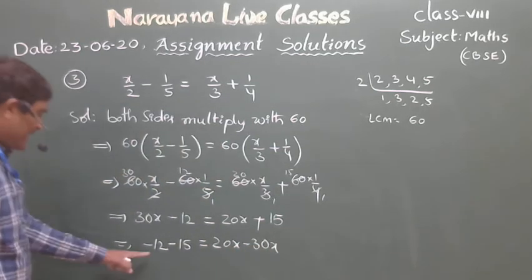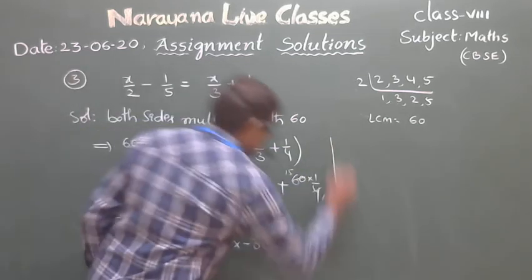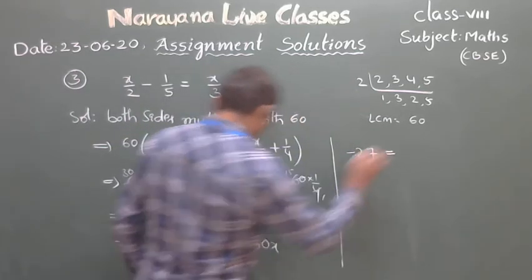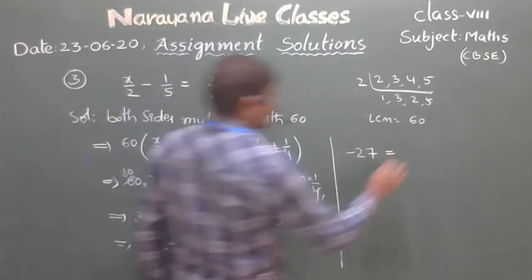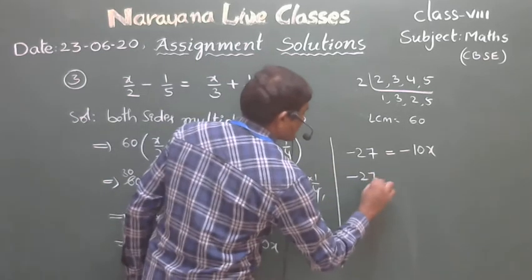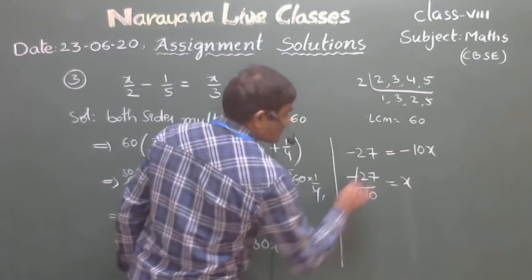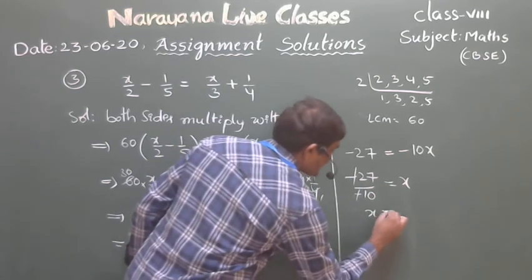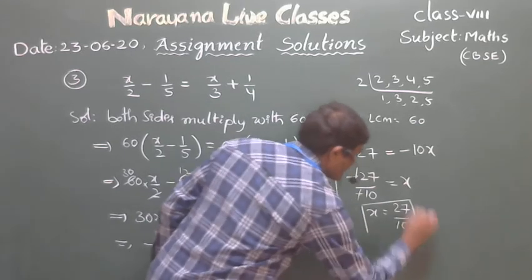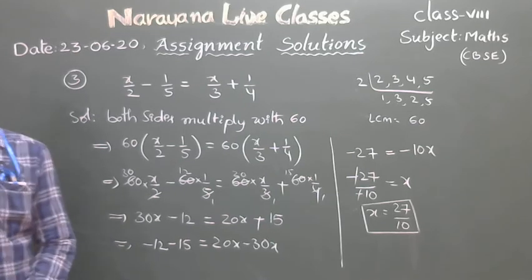Minus 12 minus 15 is minus 27 equal to 20x minus 30x, minus 10x. Now minus 27 by minus 10 is equal to x. Therefore x is equal to 27 by 10, this is the solution of the third one.